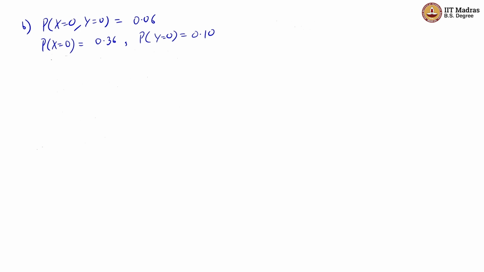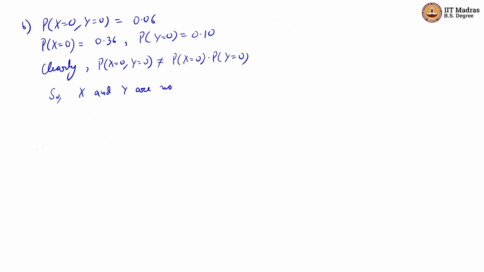So here clearly joint is not equal to product of marginal. So x and y are not independent. So this option is also incorrect.